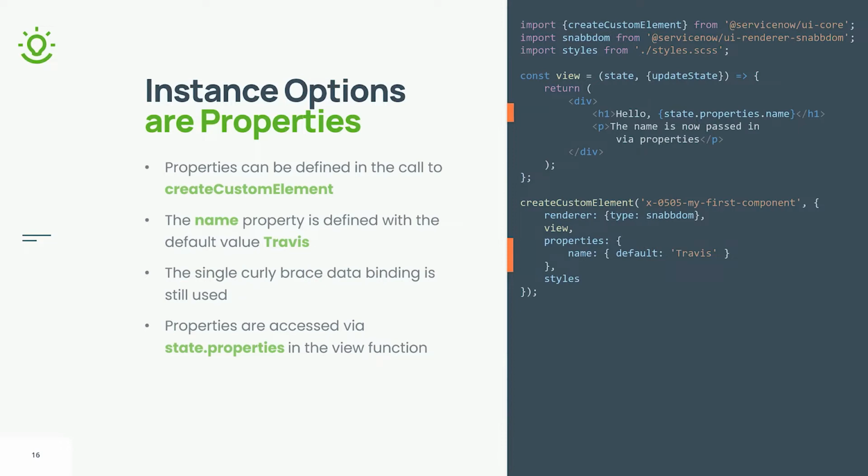That name property is then being passed in to the view function via the state property. And you'll see on that first orange bubble, the hello state.properties.name. So the properties are exposed via that state variable or that state parameter. And you can use this in any of your custom components.